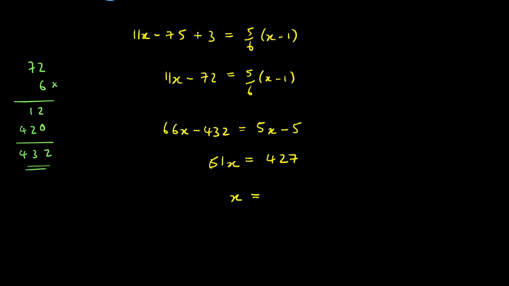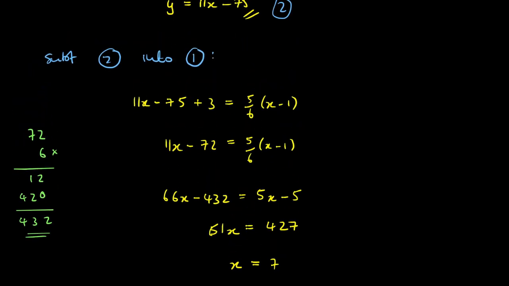Now, I don't have a calculator again, so that's kind of annoying, but I suspect that's going to be 7, isn't it? And the way I know that is because 7 times 60 is going to be 420, because 7 times 6 is 42, and then obviously 1 times 7 is 7. So that works.